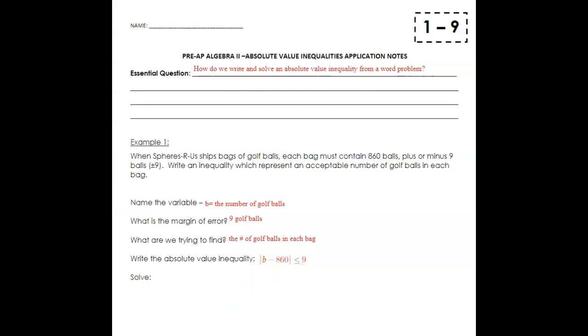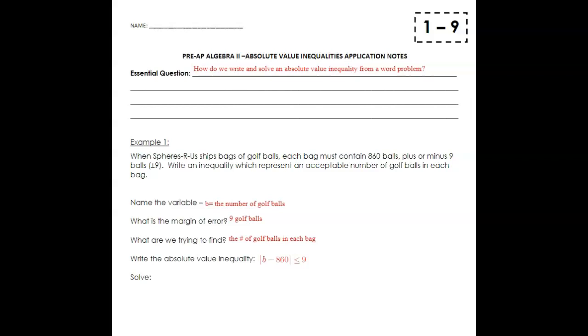So my absolute value inequality is that the absolute value of the number of golf balls minus the number of golf balls that are supposed to be in there, 860, has to be less than or equal to 9, because 9 is my margin of error.